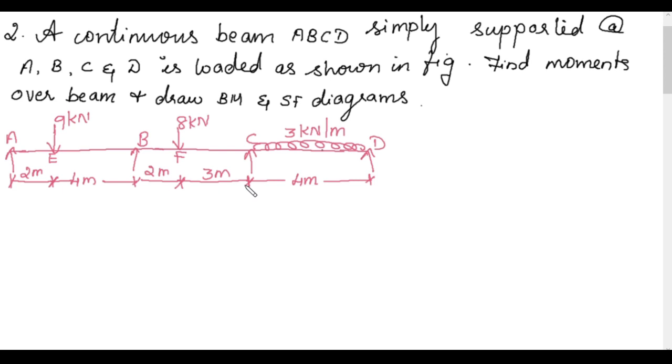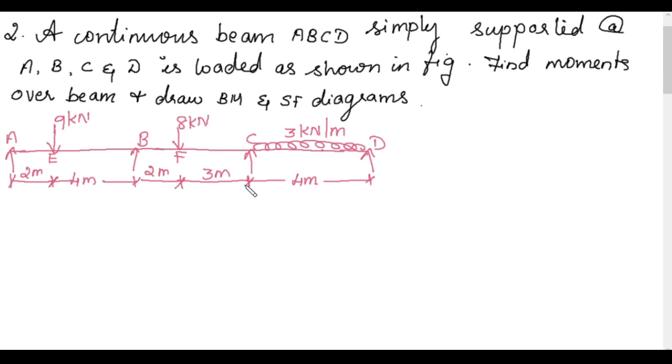So we know the step-by-step procedure for how to analyze a continuous beam. In short, for analyzing a continuous beam using the theorem of three moments or Clapeyron's theorem, we need to draw the mu diagram, then the mu dash diagram.